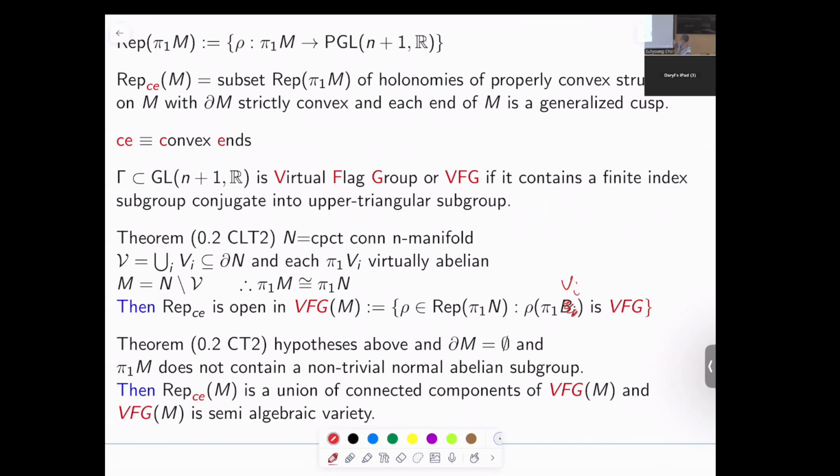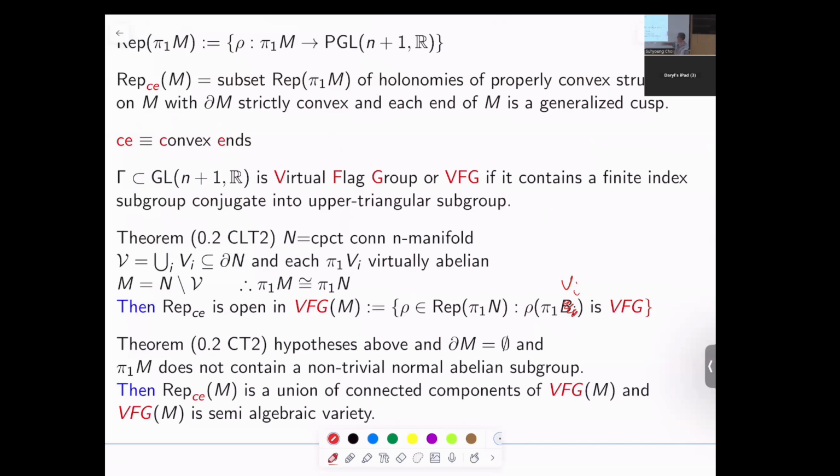In other words, for the ends of the manifold, there's a restriction on the holonomy. Namely, the holonomy has got to be a virtual flag group. In the case where these are tori, another way to say it's a virtual flag group is that if I take an element in the fundamental group of one of the ends, every eigenvalue is a positive number.